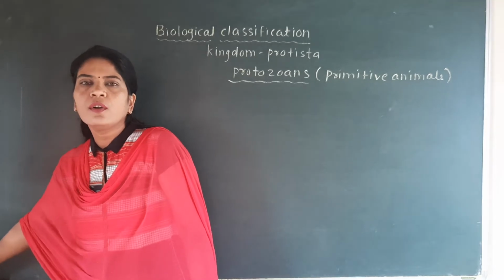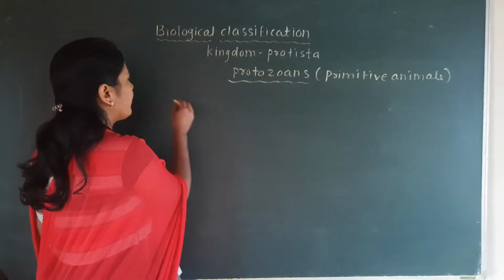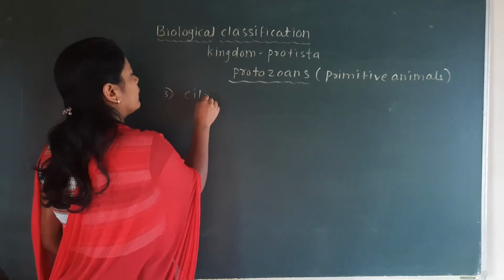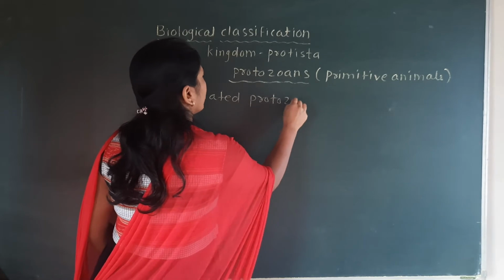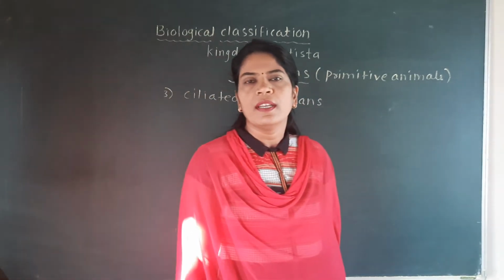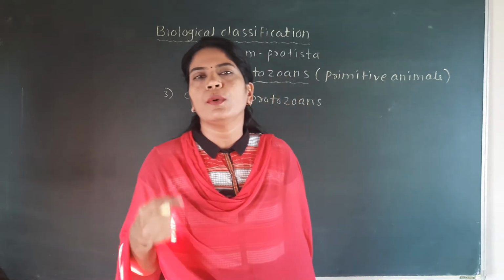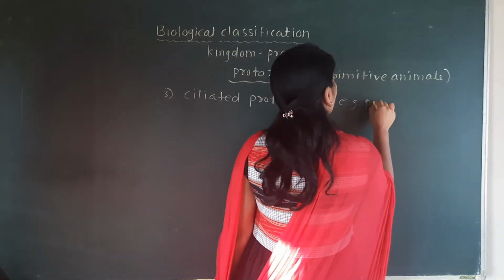Now the third group of protozoans is called the ciliated protozoans. This group includes a well-known example, and that is the paramecium.